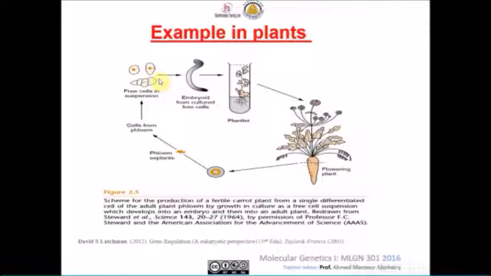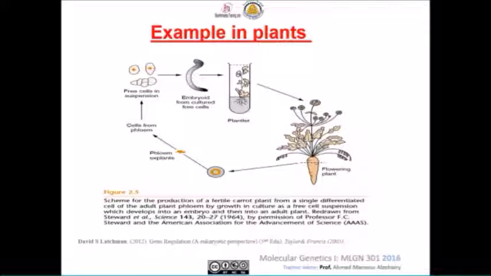Actually, these somatic cells transform into something like a germ cell, and can produce a plant that is differentiated into different tissues.